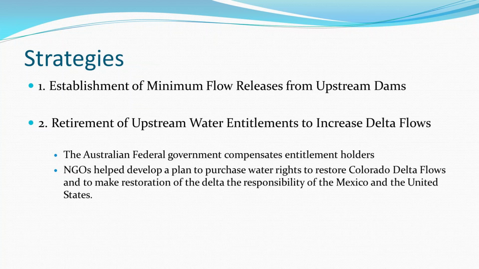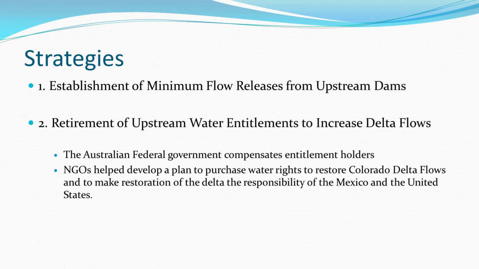The Australian government now has an ambitious Commonwealth state program to address the issue, and the government has actually begun to compensate entitlement holders to retire the entitlements to put less pressure downstream.